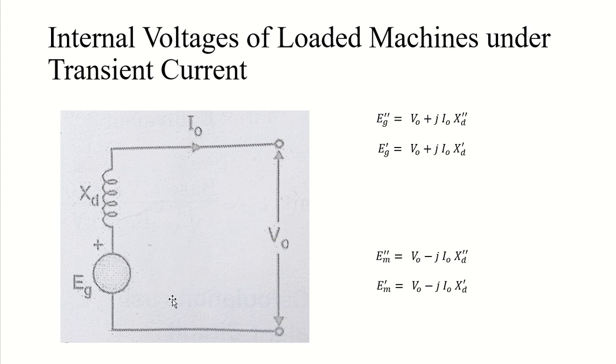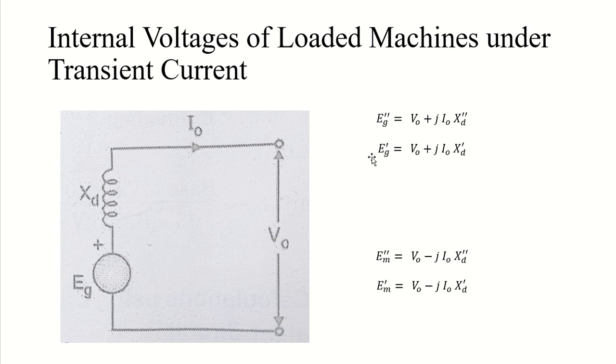You can see it will be this voltage V0 plus J I0 into XD double dash. In case of sub-transient, it will be XD double dash, and your sub-transient induced EMF will be EG double dash, as you can see in this formula. And as you can see in the very next formula, it is the formula for induced EMF in transient condition. EG dash will be equal to V0 plus J I0 XD dash, right?